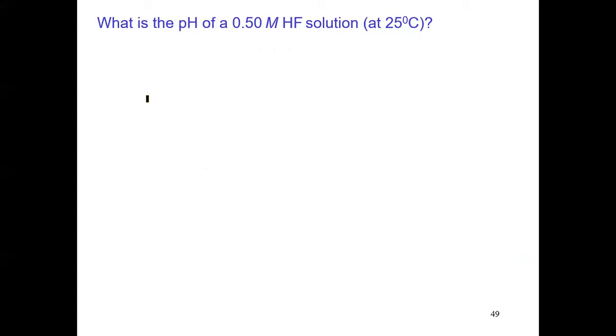This is going to be our first question. What is the pH of a 0.50 molar solution of HF at 25 degrees? All right, and I think that you should have this in your handout. So this would be HF, that's the acid.